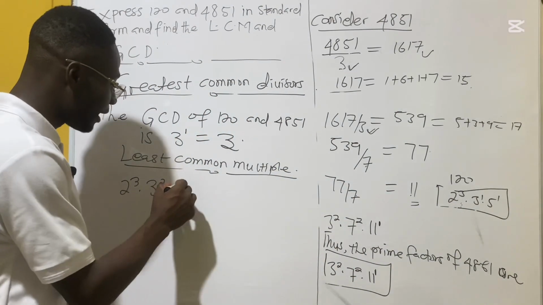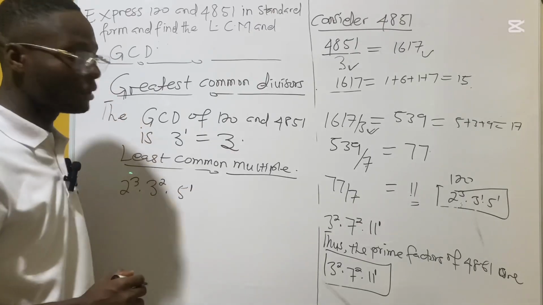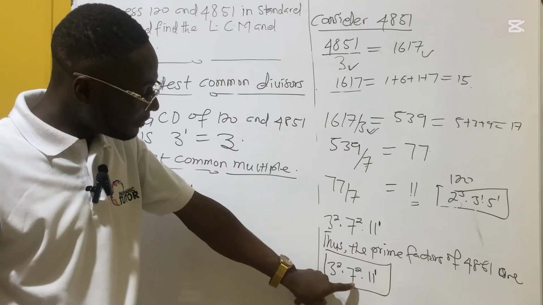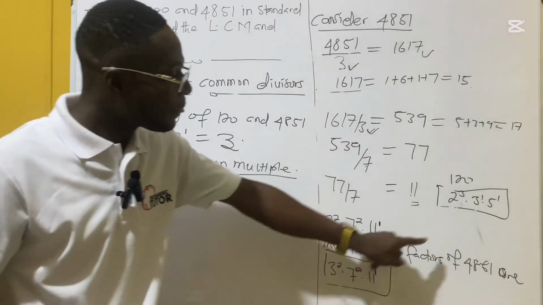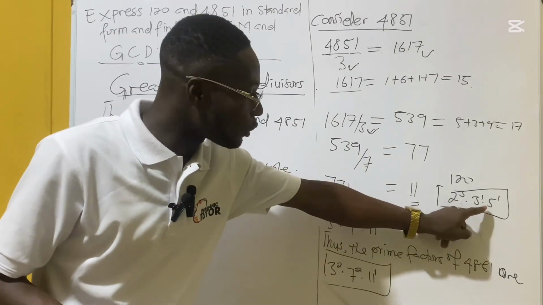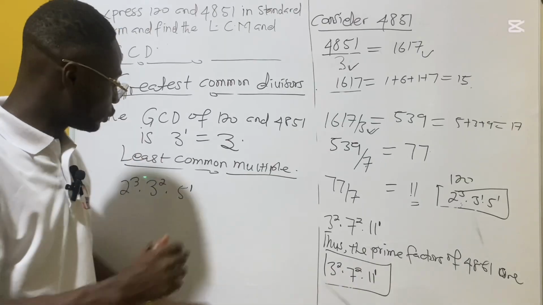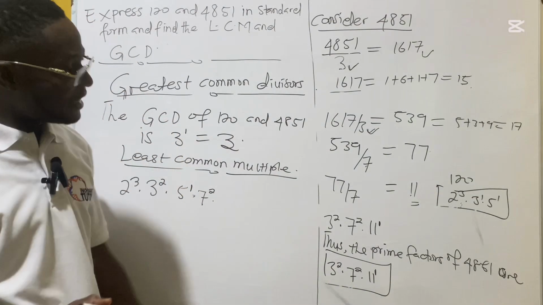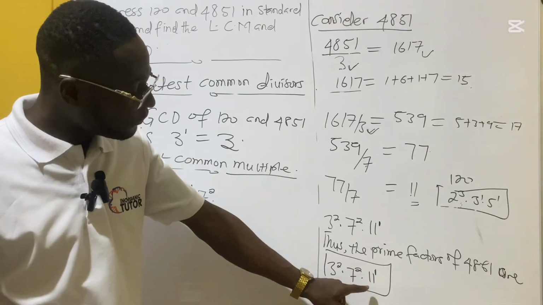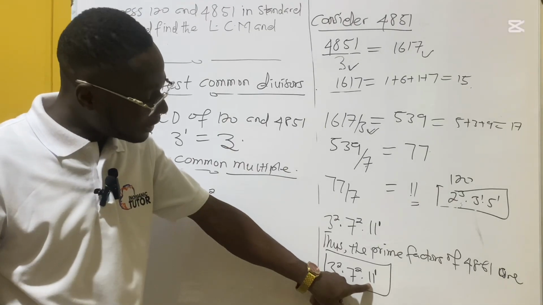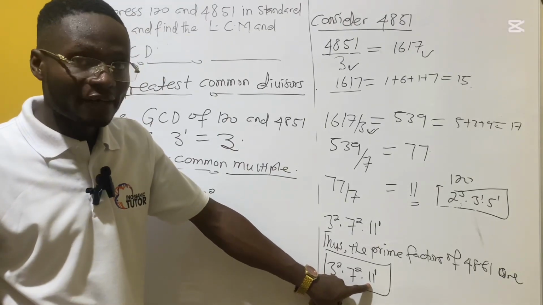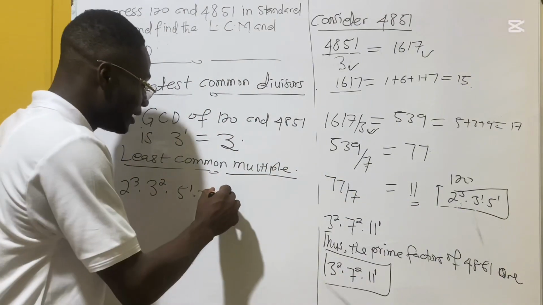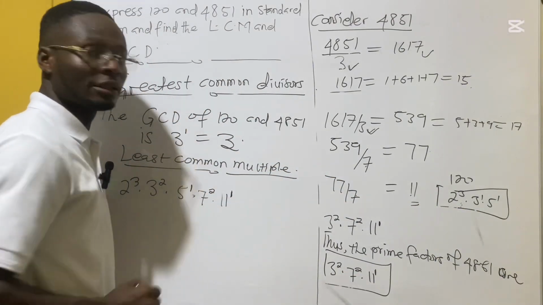So we consider 5 exponent 1, right? And then we come to 7. 7 has an exponent of 2 here, but we don't have 7 here. So we consider 7 exponent 2. Then finally, we look for the 11. 11 has an exponent of 1 in 4851, but we don't have 11 here. So we consider 11 exponent 1, right?